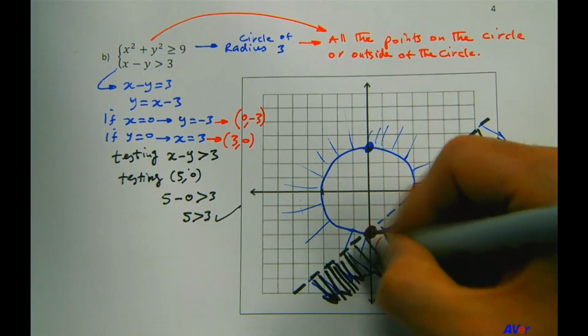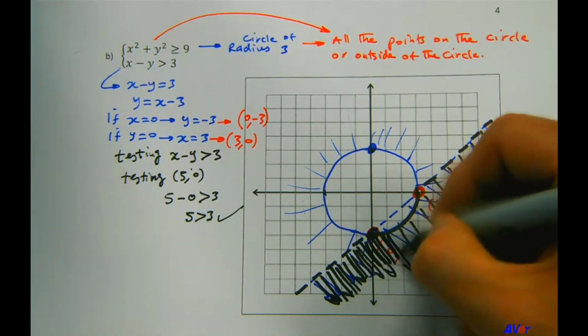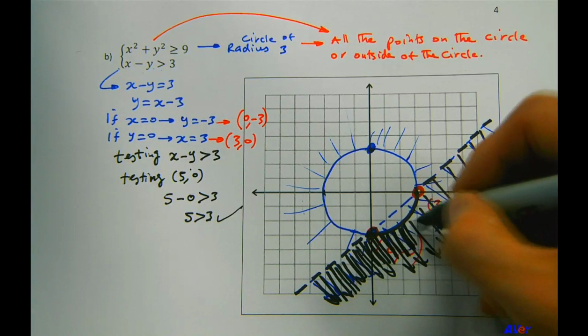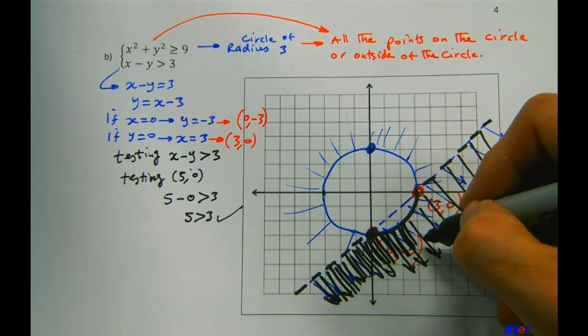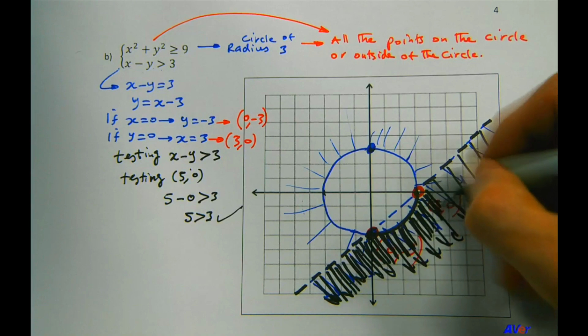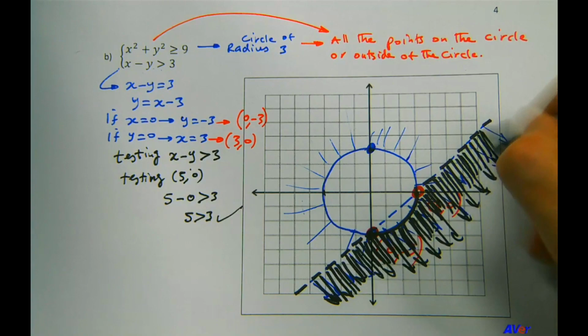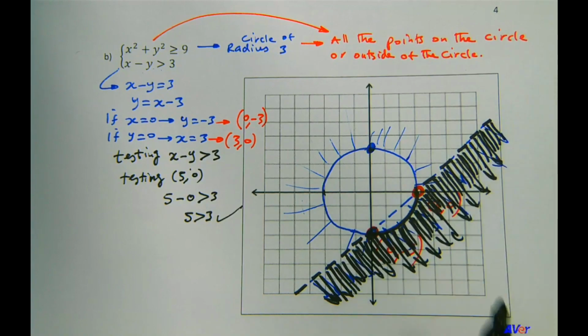So that's what the solution of this region is. Outside of the circle, not inside. Okay. That's where the solutions overlap. Okay, so that's the solution of that system.